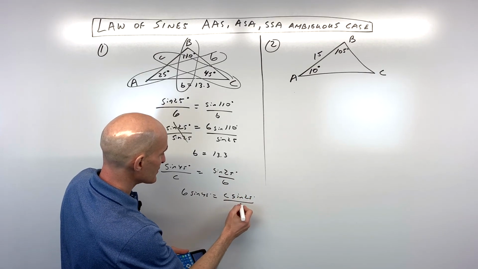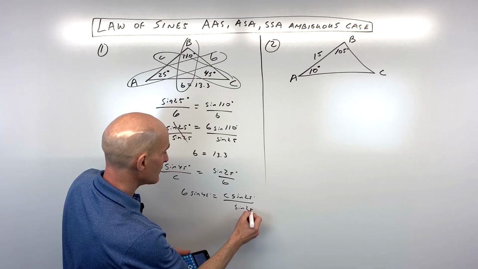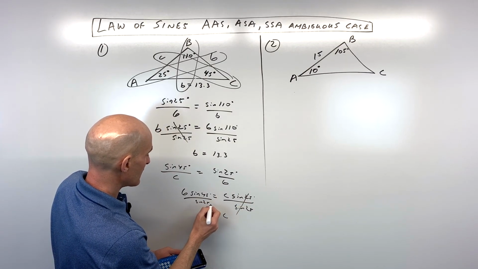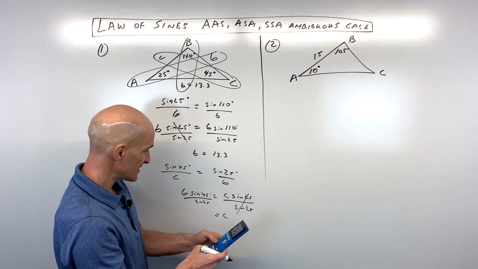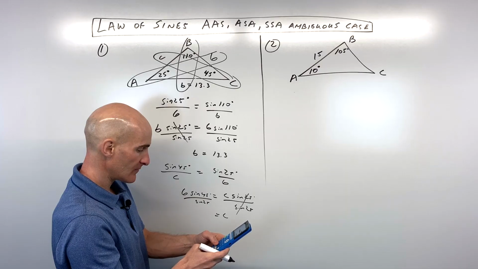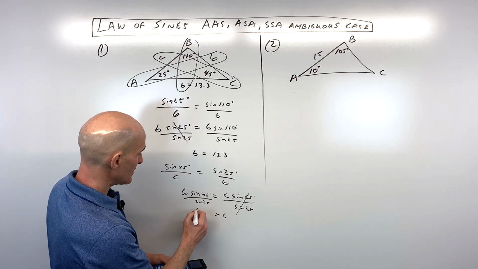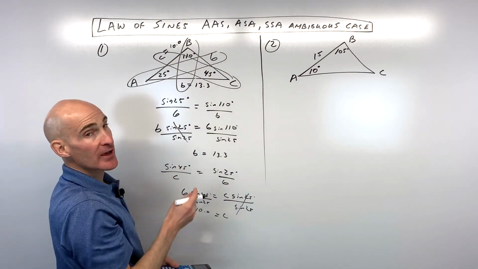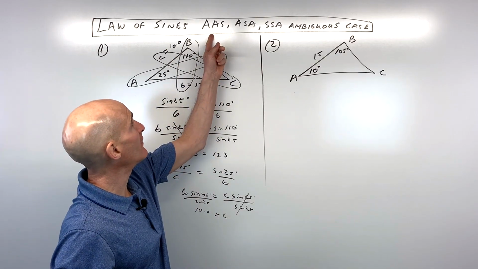And let's just divide both sides by sine of 25 to get C by itself. And let's see what that comes out to. Check my work on this one. 6 sine of 45 divided by sine of 25. Okay, I'm getting about 10.0. And you solve that triangle. So just one triangle possible when you have angle side.